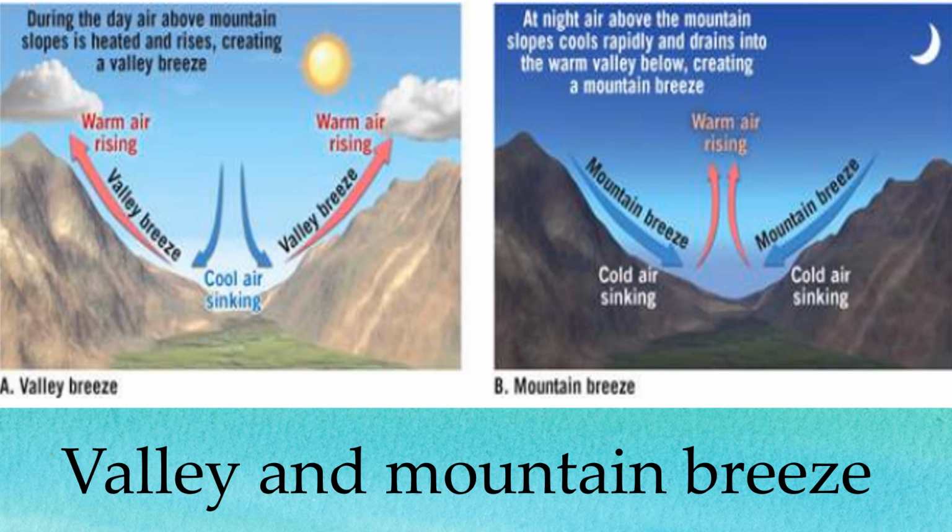This is what we call the valley breeze, because the air is warm and it rises, and then the cool air sinks here in this valley, and then it rises again as it warms up.